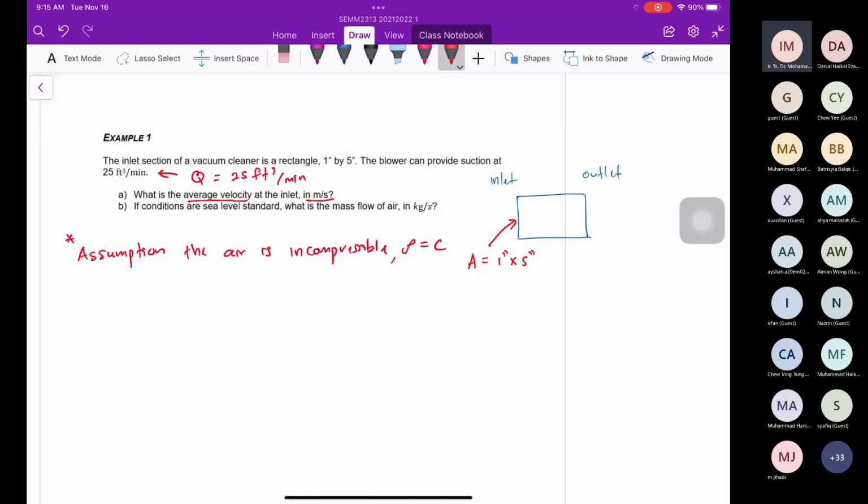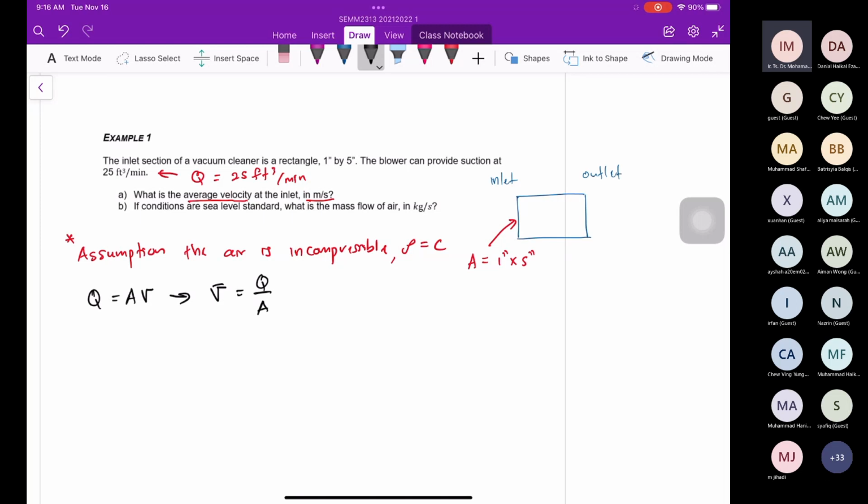Okay, we can use the formula Q equal to AV. Q is the volume flow rate, A is the area, and V is the average velocity. So we can get the average velocity as Q over area.